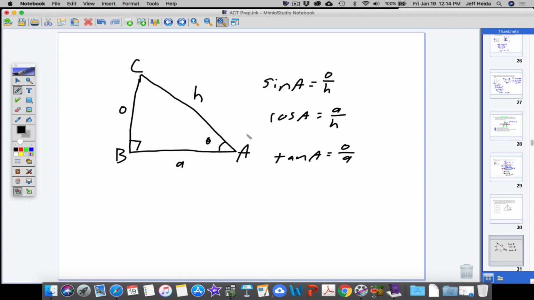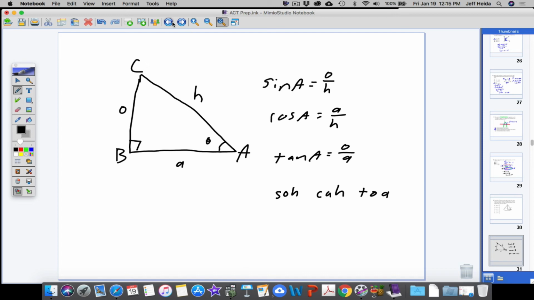And the way that this is taught and remembered is, let me erase that to rewrite it for a second. SOH CAH TOA. Sine opposite over hypotenuse, cosine adjacent over hypotenuse, tangent opposite over adjacent.